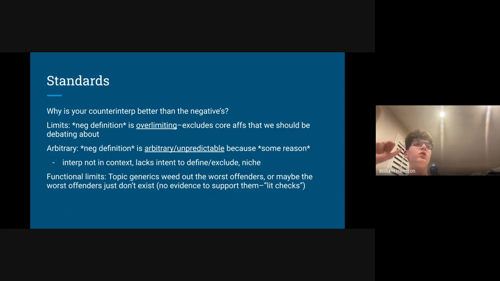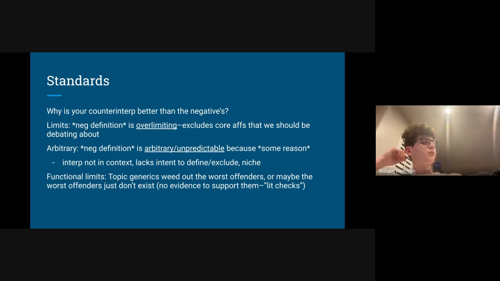So that's a functional limit, which means that we don't really need to worry about this T debate because the worst impacts that the neg can present are solved by these functional limits. They're topic generics arguments. Or maybe the worst offenders just don't exist because there isn't evidence out there to support them.